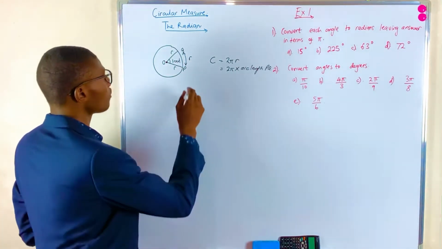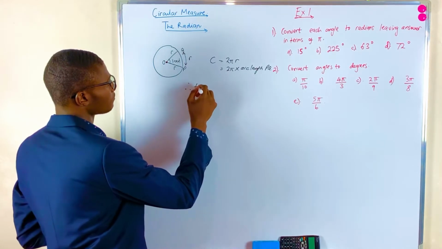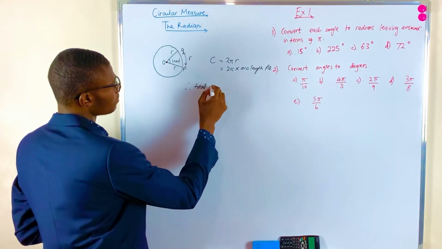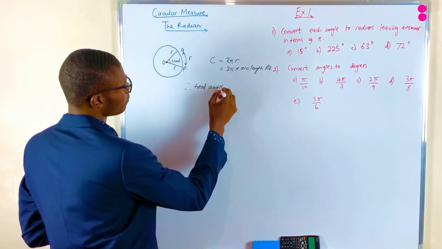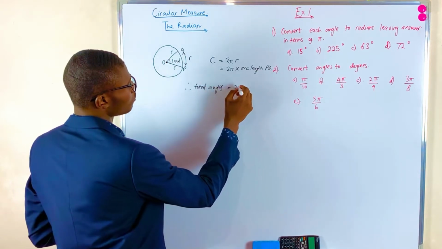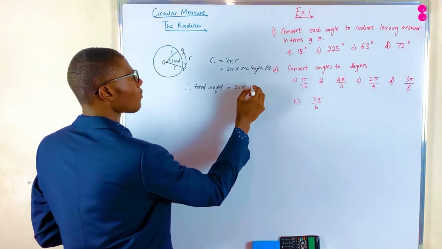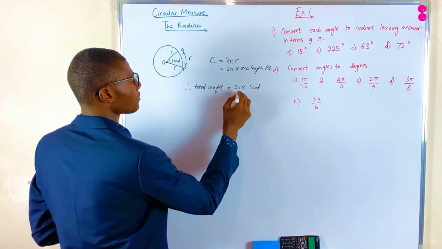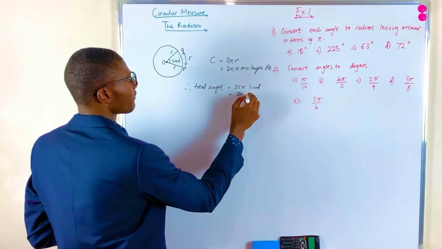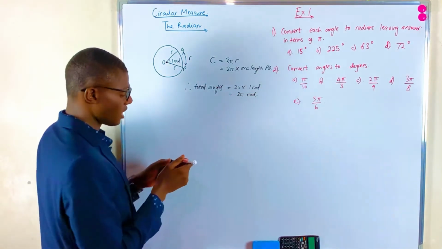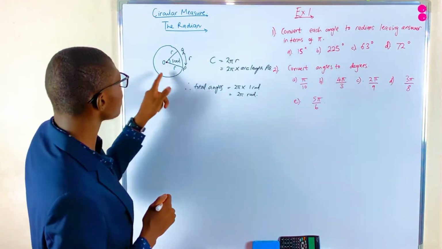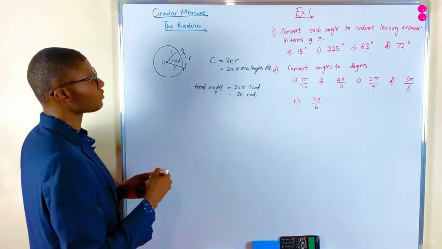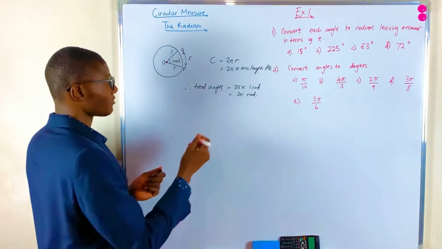So therefore, the total angles will add up to 2 pi times 1 radian, which is 2 pi radians. But we know that the total angles inside a circle, subtended at the center, add up to 360.